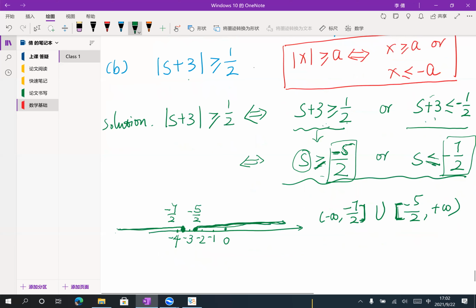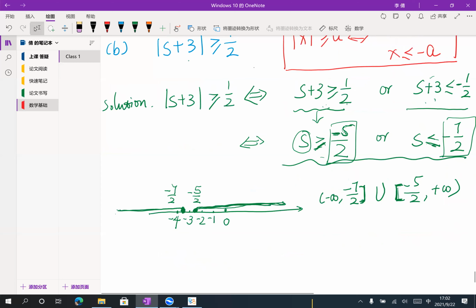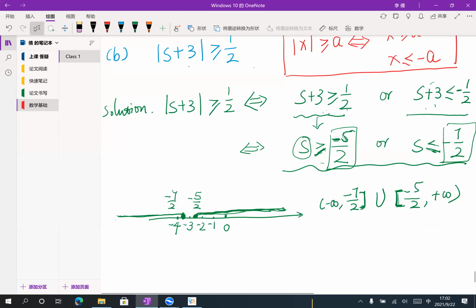Okay, this is the solution for the second exercise. Why is the second result infinity plus? Minus 5 over 2, infinity plus. Why plus infinity?